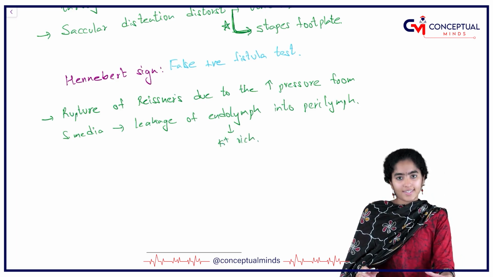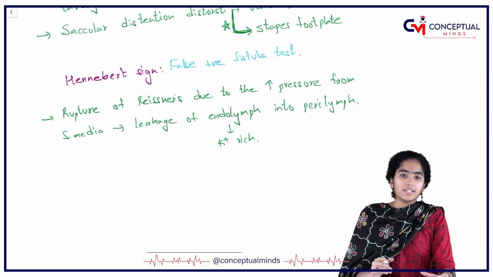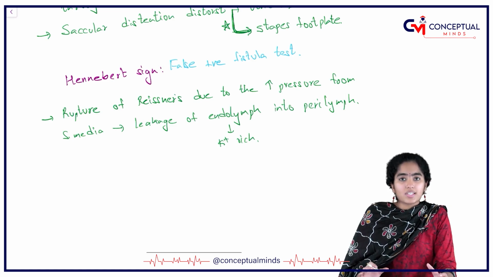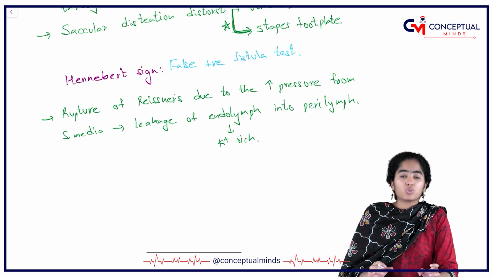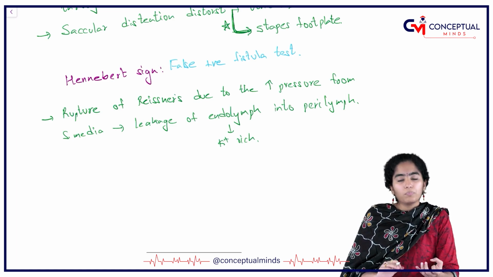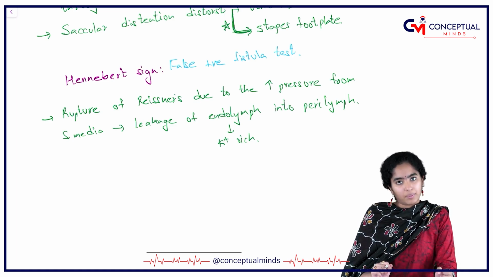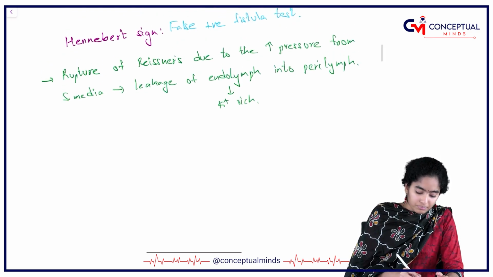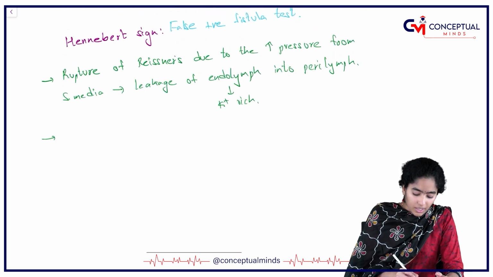When this high concentration of potassium enters the perilymph, it depolarizes the neurons and inactivates the vestibular as well as auditory neurons. And this is the core mechanism leading to vertigo, deafness and nystagmus. What happens when this potassium-rich fluid enters the perilymph?